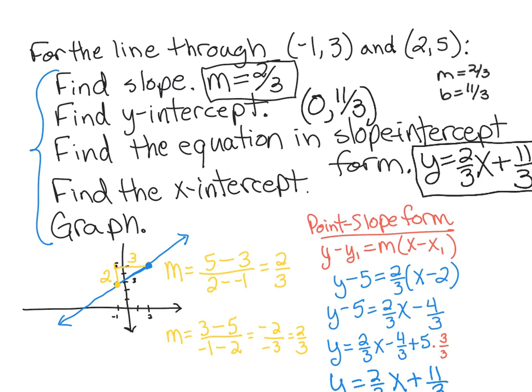Let's zoom in here so we can see. You're always going to be off a little bit, but there is my y-intercept at 11/3, which is 3 2/3. So the point is, when I found my y-intercept, I could look at the graph and know that my graph was correct and my y-intercept was correct.